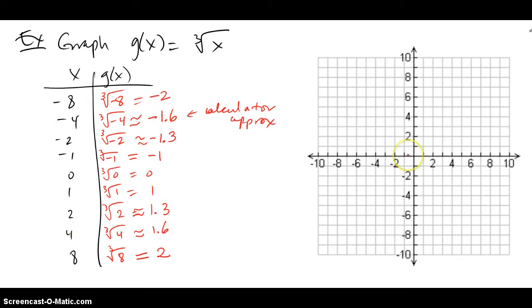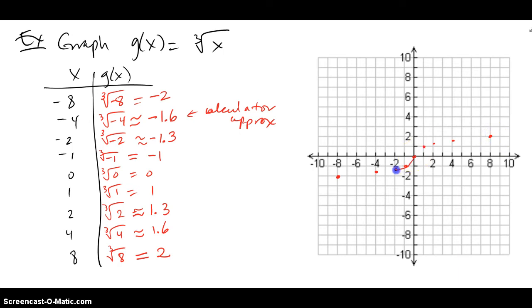Now let's go graph it over here. I have -8, -2, -4, -1.6-ish, -2, -1.3-ish, -1, -1, 0, 0, 1, 1, 2, 1.3-ish, 4, 1.6-ish, and then 8 back up to 2.